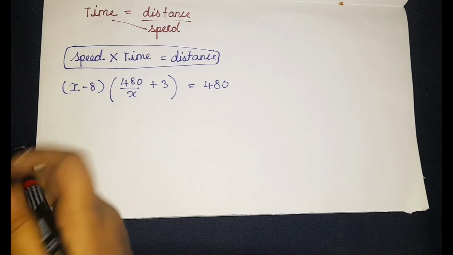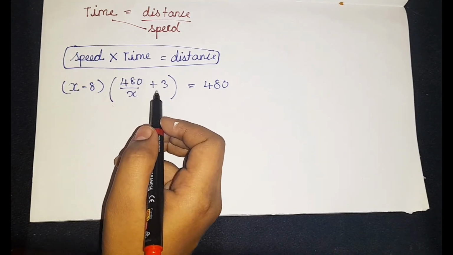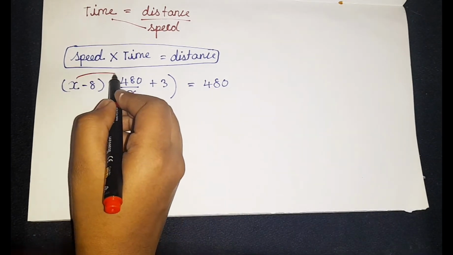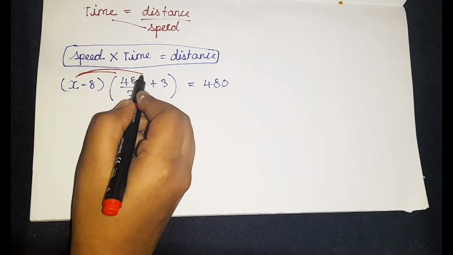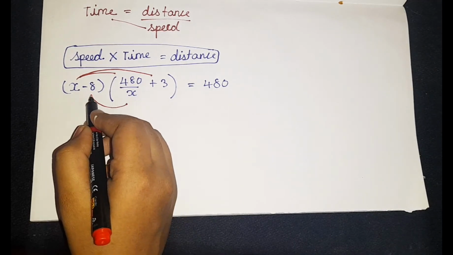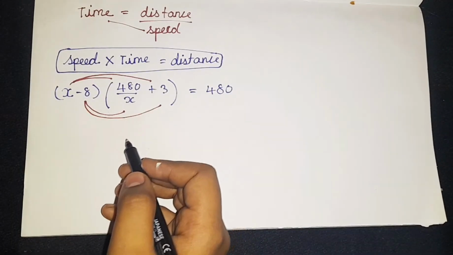So we are going to be multiplying x with 480 divided by x and x with 3, and then minus 8 with 480 divided by x and minus 8 with 3. I just marked it like this for your understanding.